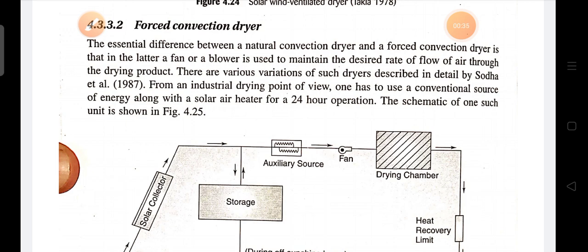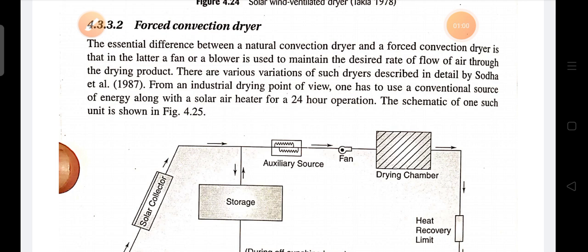In the natural convection dryer, the flow of air or the drying process is done without using any mechanical or electrical fans or blowers. That's why it is called a natural convection dryer.